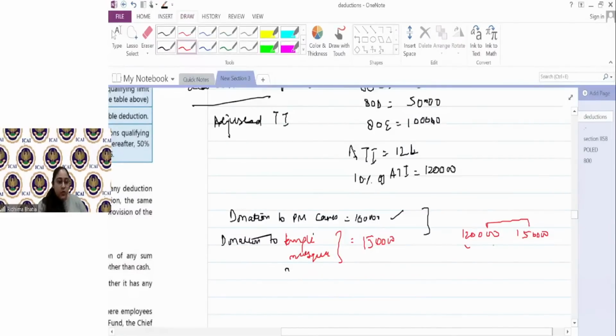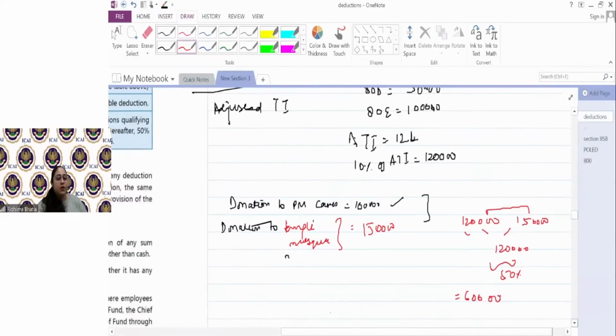Now इन दोनों में lower कौन सा है guys? 120. So इसका 50% only would be allowed. So क्योंकि qualifying limit का 50% only would be allowed, which would be 60,000. So the total donation in this case which is allowed is 1 lakh plus 60,000, which is 160 under 80G.